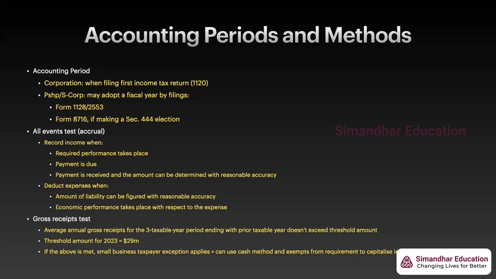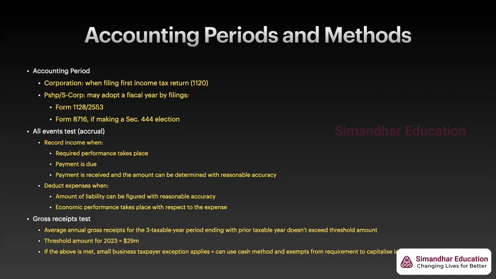Moving on, we are talking about certain concepts in terms of accounting methods. There's a concept called the all events test or an accrual test, which is basically talking about the accrual method of accounting. From a tax return standpoint, what the IRS has provided guidance is that when you record income, certain criteria have to be met.